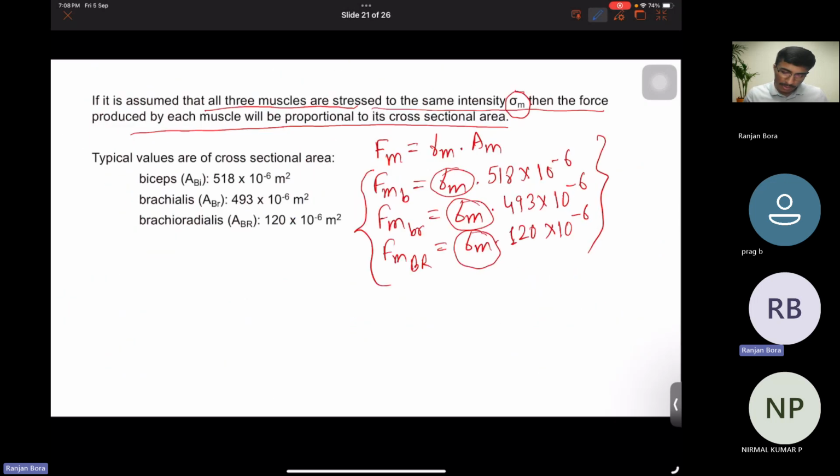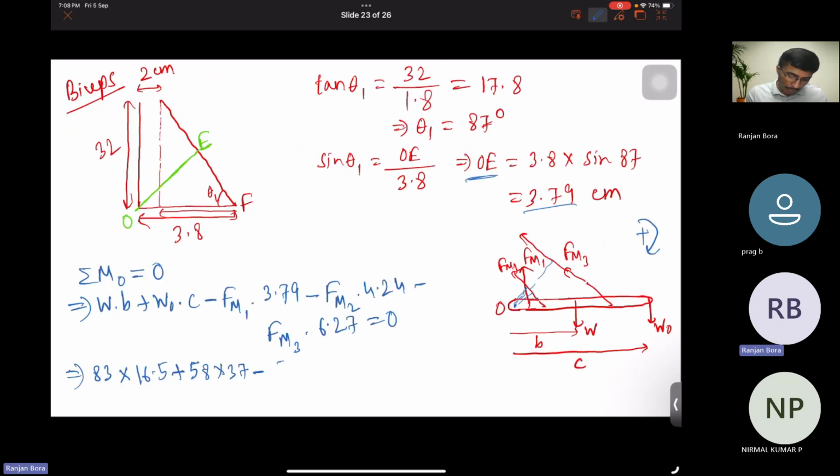Then FM1 was the biceps muscle. It is 518 into 10 power minus 6 sigma M. I'm writing it in a bracket, and I will take the sigma M out, and it is multiplied by the moment term 3.79.